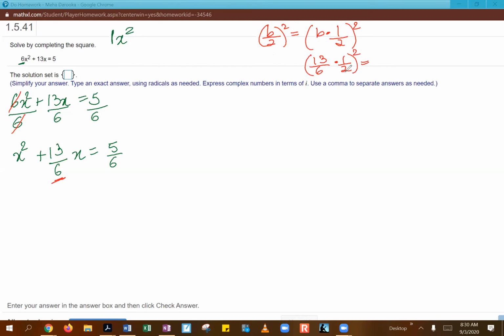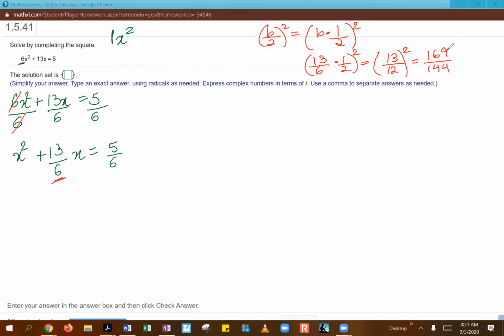Neither 6 nor 2 go into 13, so we're not able to simplify this fraction, so just multiply it. 13 times 1 is 13. Of course, 6 times 2 is 12. So you get 13 over 12, and then we square this number. 13 multiplied by itself is 169. Of course, 12 multiplied by itself is 144.